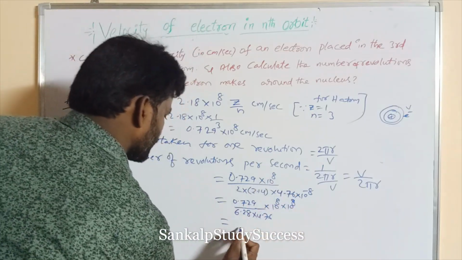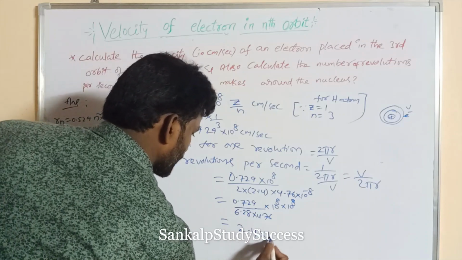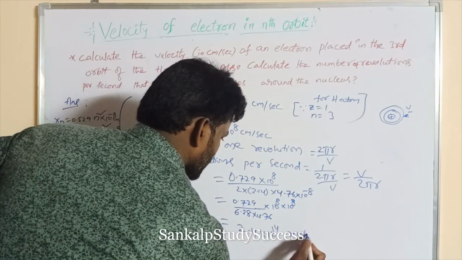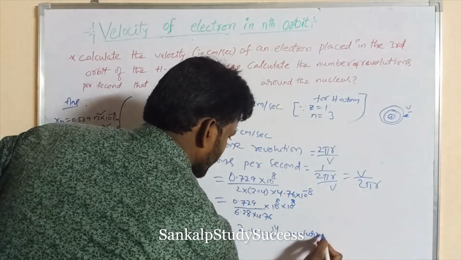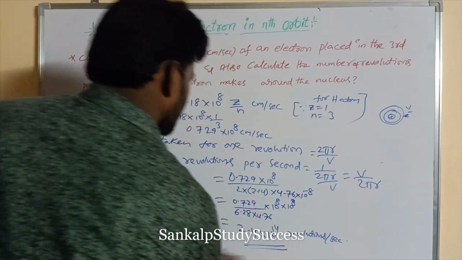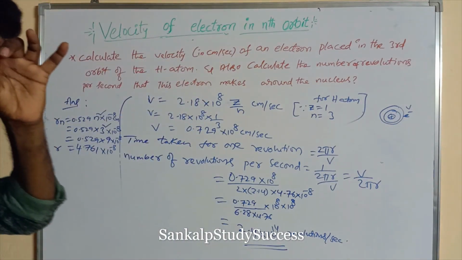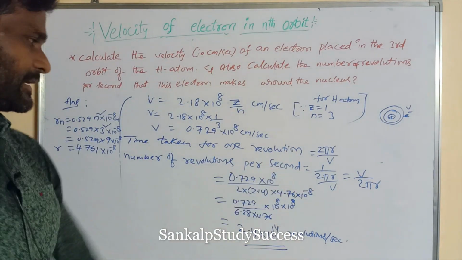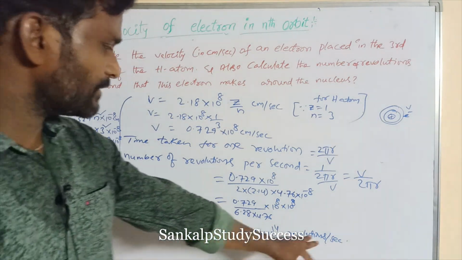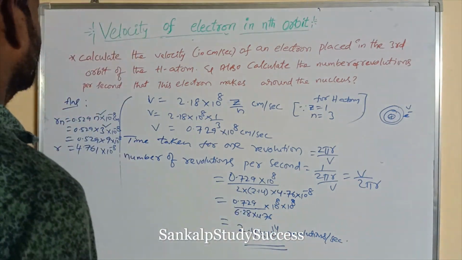Finally we got 2.4 × 10^14 revolutions per second. So this is the number of revolutions per second: 2.4 × 10^14 revolutions per second.